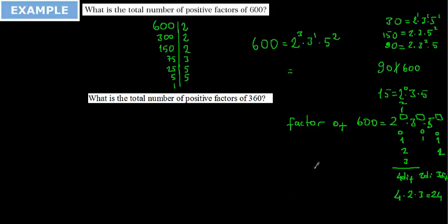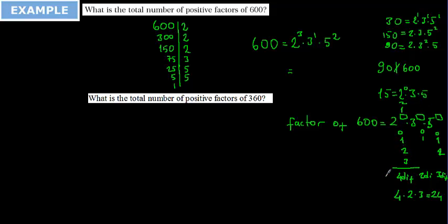Again I am explaining this part: 2 to the power of a, 3 to the power of b, 5 to the power of c. a can get 4 different values, b can get 2 different values, c can get 3 different values. So all the factors should have 2, 3, 5 as a factor. 2 to the power of 0, 2 to the power of 1, 2 to the power of 2, 2 to the power of 3.